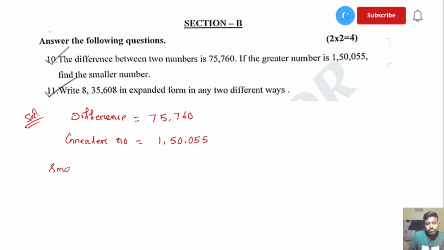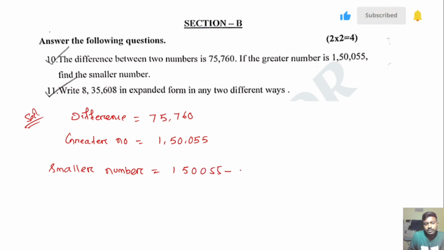Next, find the smaller number. So write down smaller number equal to, we subtract, that is 150,055 minus the difference, that is 75,760.